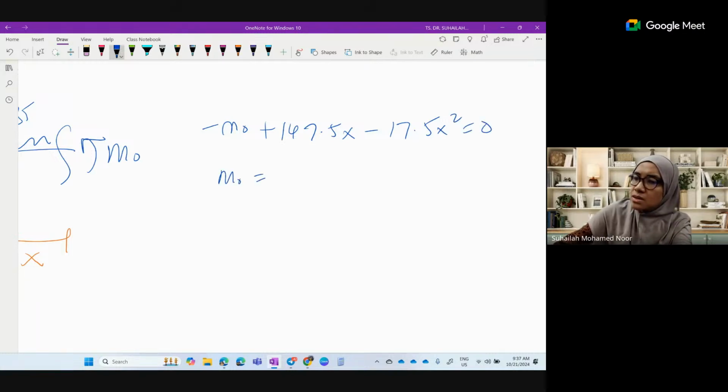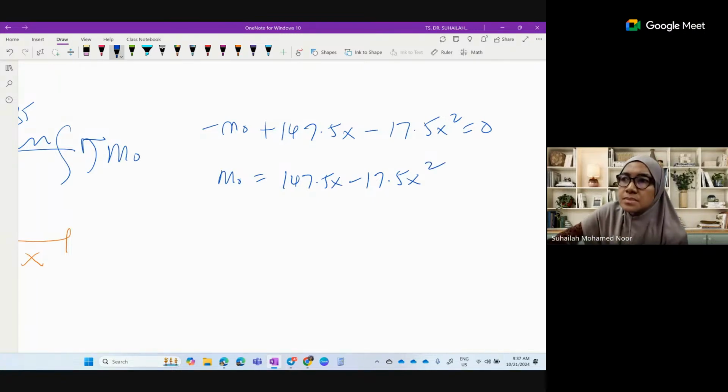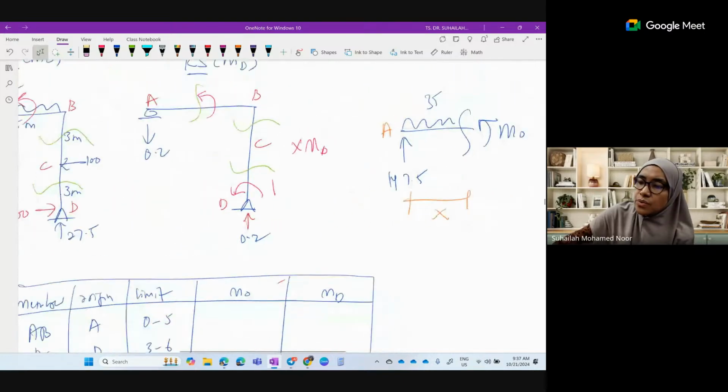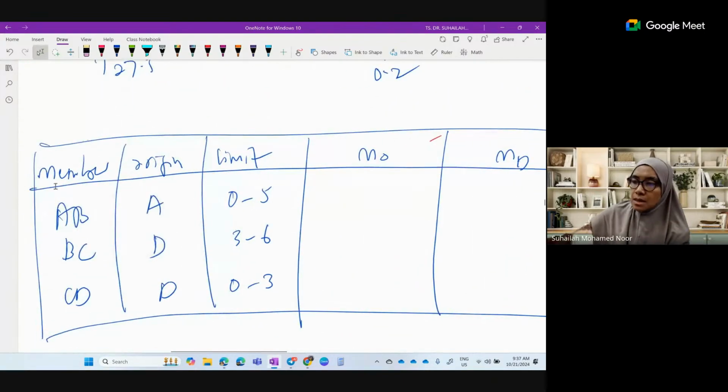So M0 is equal to 147.5 X minus 17.5 X square. Right? Okay. So this is how we get the equation. Okay. So where is the equation? In the table.